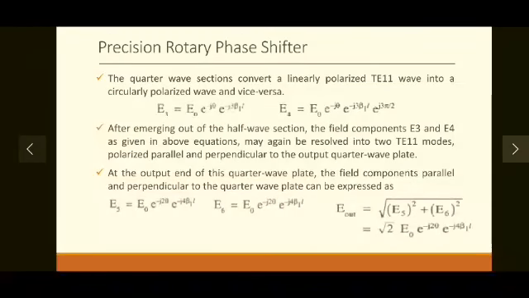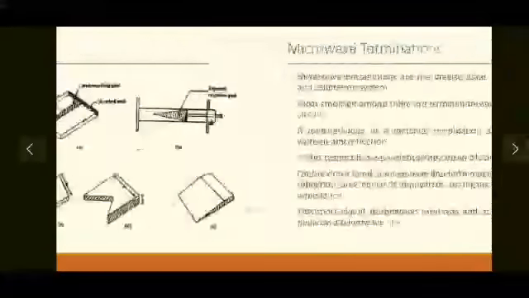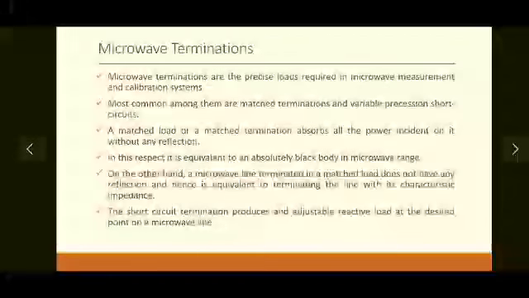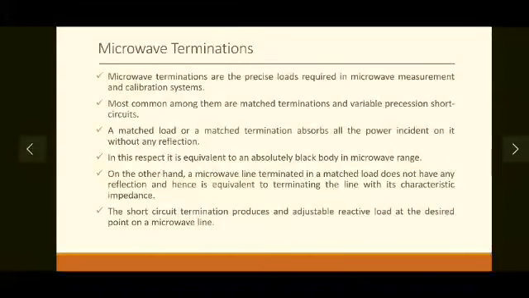Now let's see what terminations are. Microwave terminations are the precise loads required in microwave measurements and calibration systems. Several times we have called it a matched termination, where our circuit is terminated in its characteristic impedance.